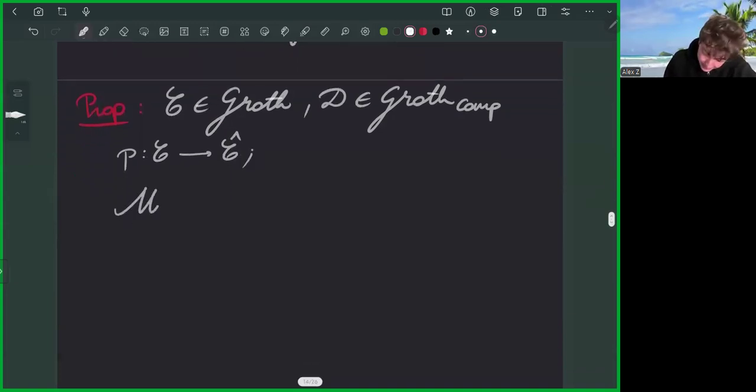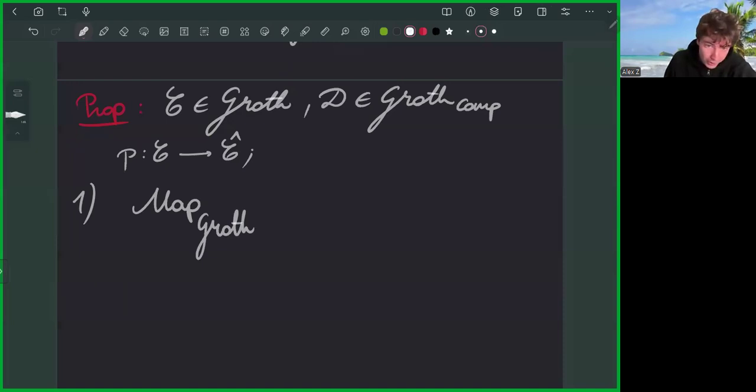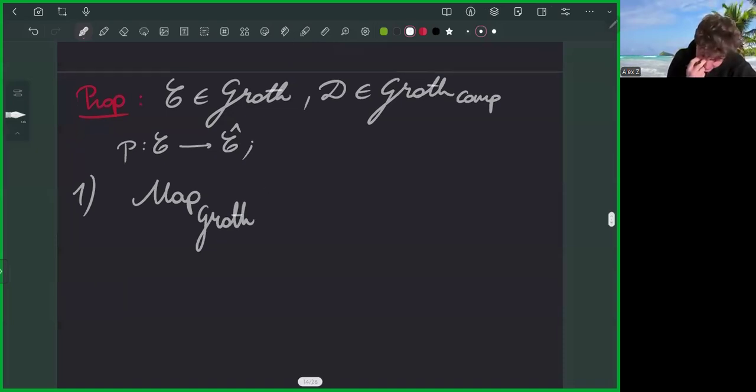The first claim, statement one, says the following. Whenever I write map, I mean the hom anima. So map is always hom anima, and when I write hom or something else, I will mean something categorical, like hom categories. This will come later. I'm getting ahead of myself again.